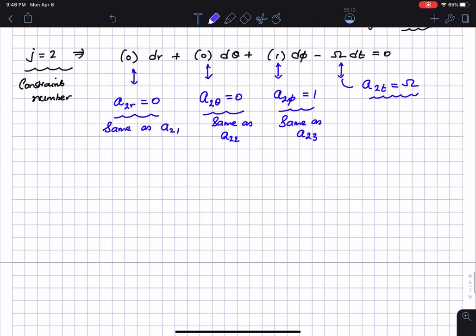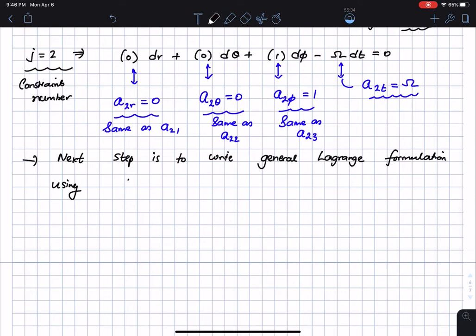So the next step is to write the general Lagrange formulation using configuration coordinates and the Lagrange multipliers.